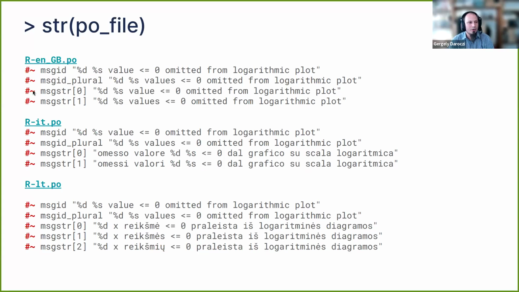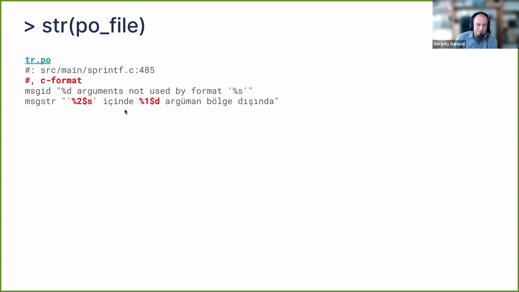Another common markup is this, the tilde character after the hash, which means that the translation and the source string is archived. So it's not part of the current version of the software, but it's not deleted from the PO files because a future version of the software could reuse the previously provided translation. So everything removed will survive in the PO file and later on can be revived to become an active part of the translations.